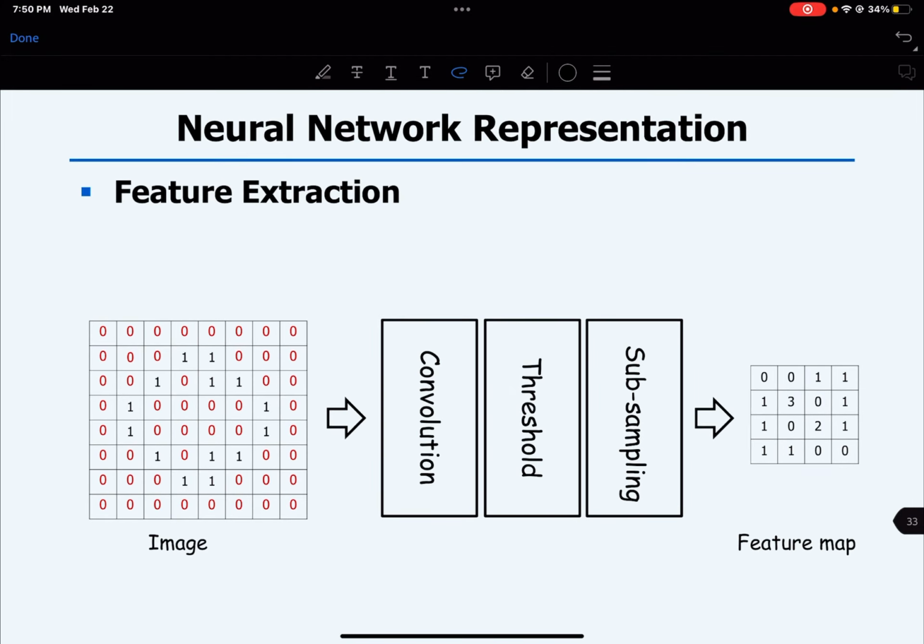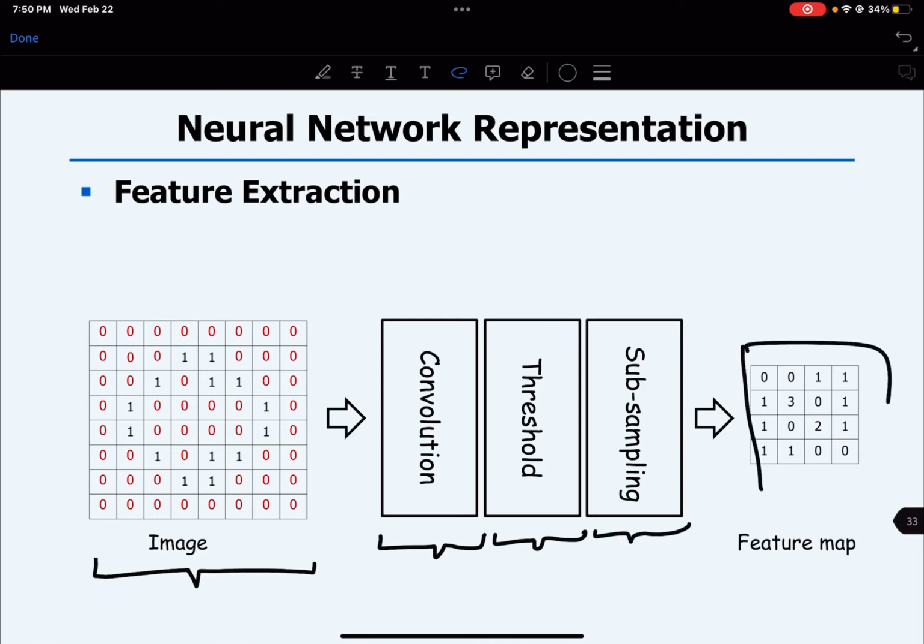So how can we represent the convolutional neural network in the form of a neural network representation? We got a 2D image. We first passed it through a convolutional layer. Then we did the thresholding. Then we subsampled using max pooling to obtain our first feature map.